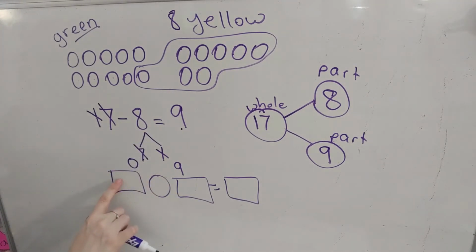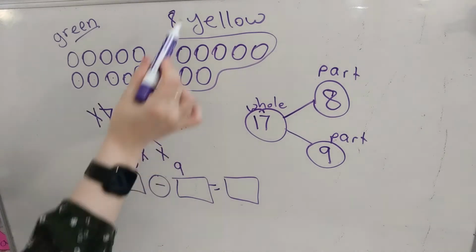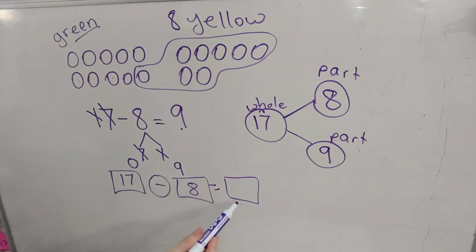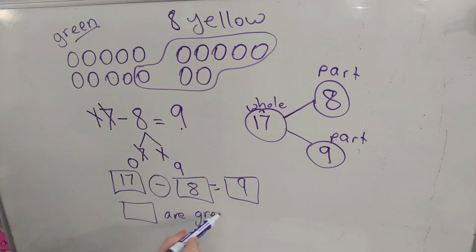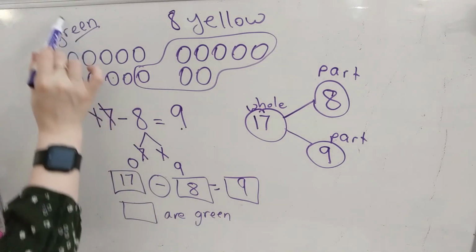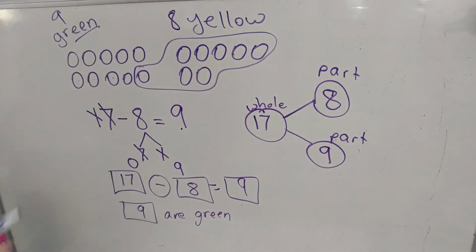We started with our total number, 17. We took away the yellows to find out how many green are left. So that's what it will look like in your book. And then you would write down in your statement, it says, are green. How many are green? 9. So you would put your 9 right in there.